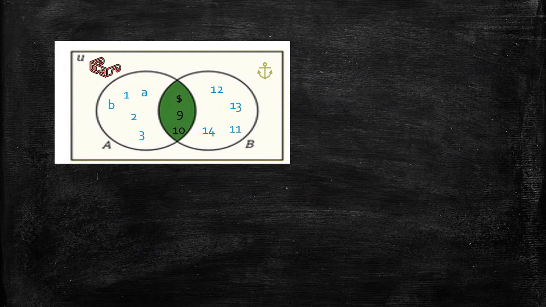Sets. And we're going to use this Venn diagram to answer questions. So what are the elements in U? The elements in U are as such.